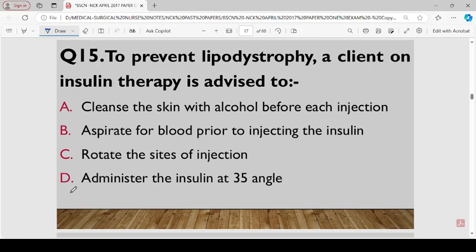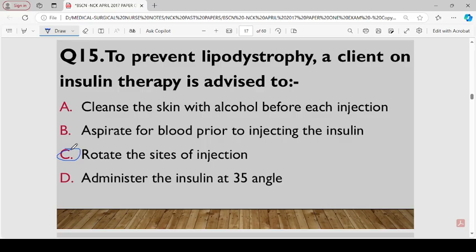To prevent lipodystrophy, a client on insulin therapy is advised to. Lipodystrophy is abnormal distribution of fat tissues. I think to prevent that, you could rotate the site of injections, right? Remember, cleaning will be important for the IPC.